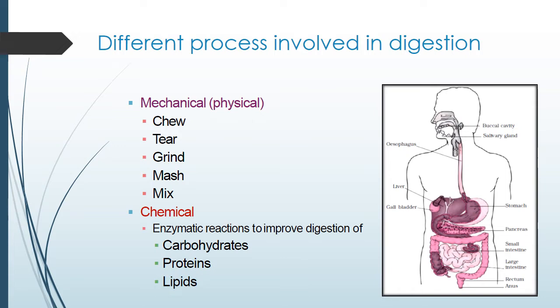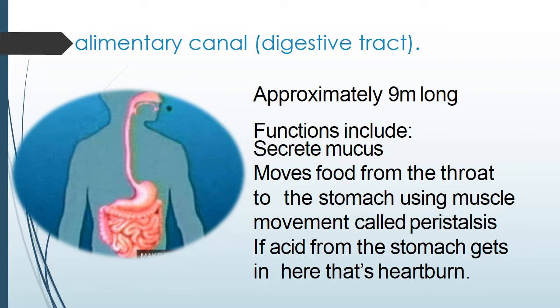We will be starting with the first part of it, that is the alimentary canal. Now, the alimentary canal has another name as well, that is called the digestive tract. You will be surprised to know it is about a 9-meter long structure extending from the mouth to the anus. 9 meters, you need to know how long that is.